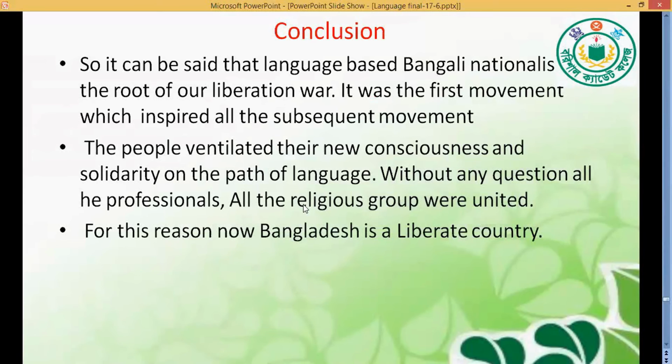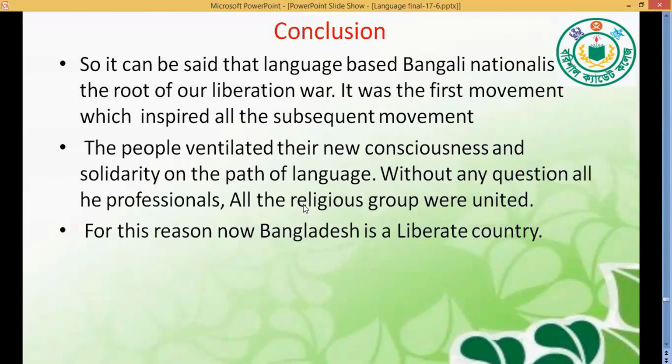Friends, now, conclusion. It can be said that language-based Bengali nationalism is the root of our liberation. It was the first movement which inspired all the subsequent movements.